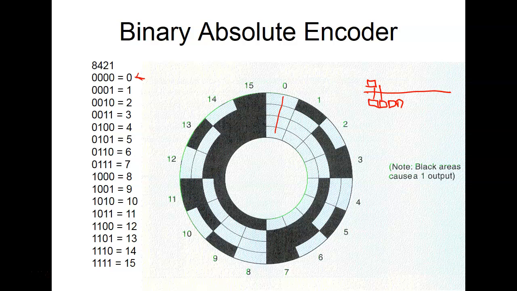Robots use this kind of thing, but it appears to be an absolute encoder. So they call it a battery backed up absolute encoder.